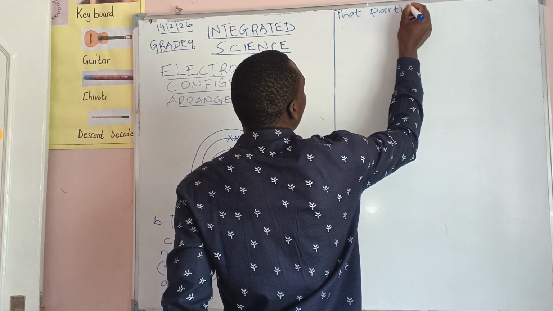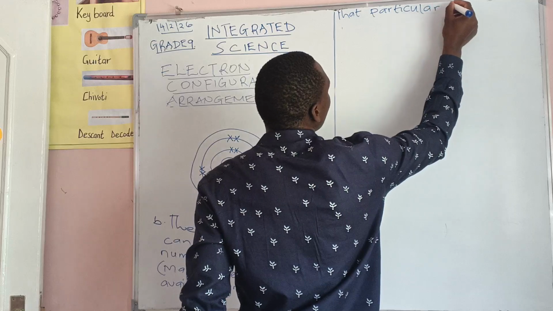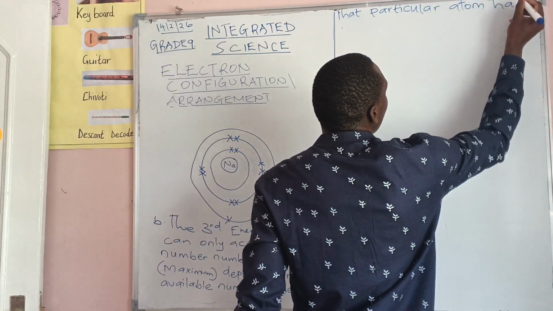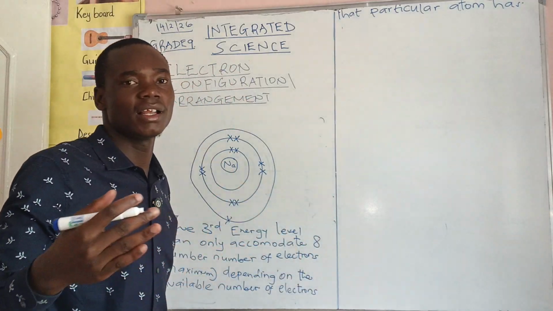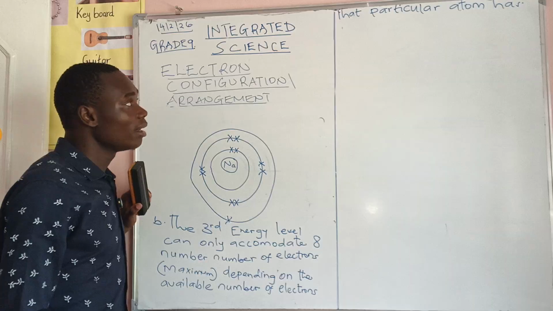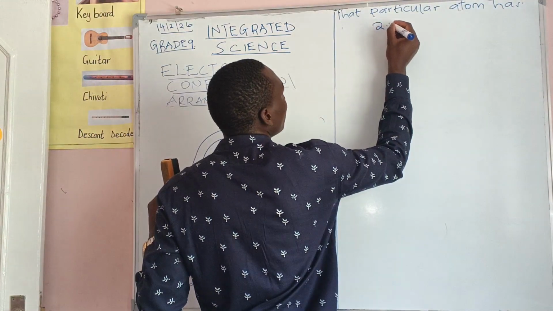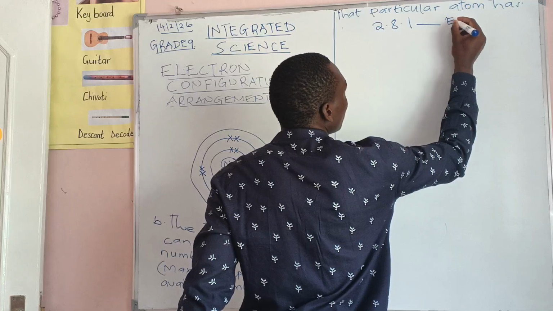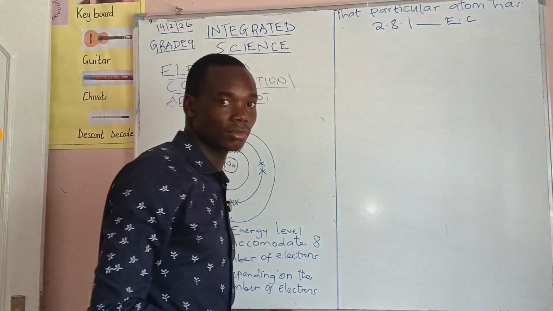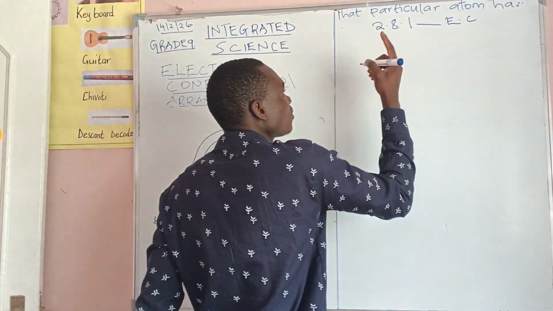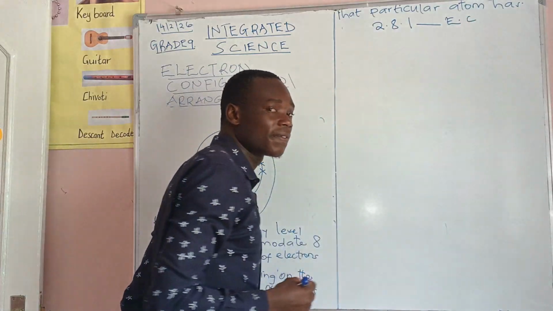Now, if it is, let's say, sodium, we have seen that sodium is 2, 8, 1. This is what we call electron configuration, not diagram. I'm repeating: 2, 8, 1 is electron configuration.